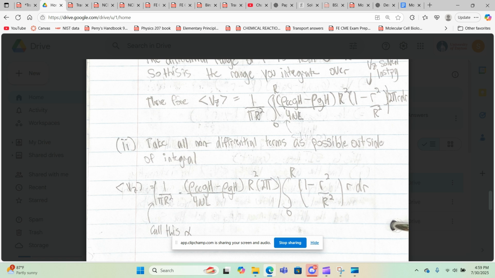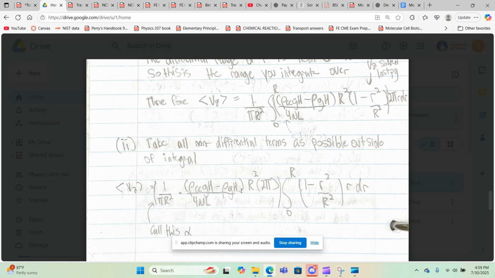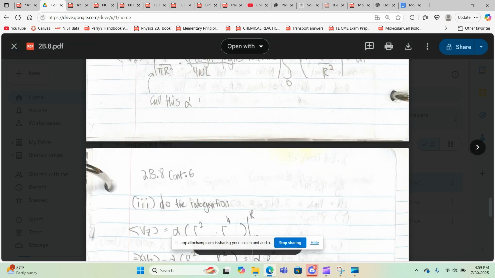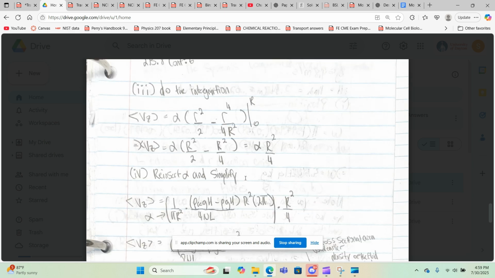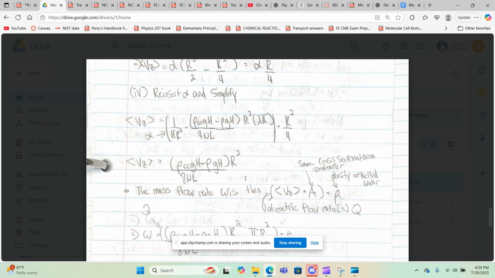Generally don't try with addition or subtraction. There are some cases where you can do it, but it's pretty easy to mess up, so I just wouldn't do that if I were you. So I'm taking out all those terms, calling this alpha because I don't want to write all this 1,000 times. And we're just doing the integration. It's pretty simple there. It's math.